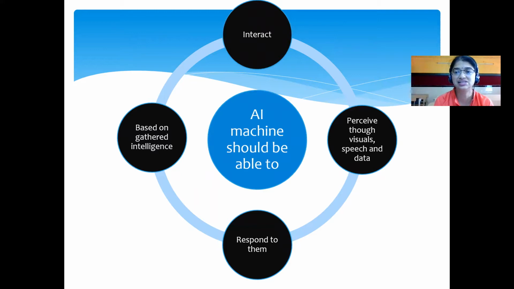We have five senses: ears, eyes, nose, skin. Using all these, we get some information. Then our brain stores it, processes it, and over a period of time we get knowledge or intelligence, and we act accordingly. So if machines should behave like human beings, these are the four characteristics or four things that they should do and act upon.